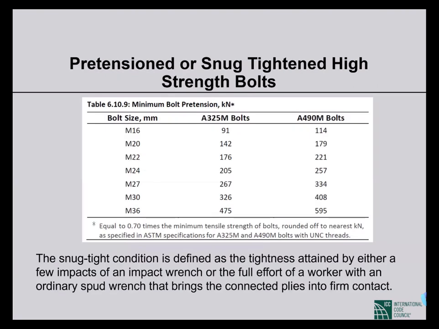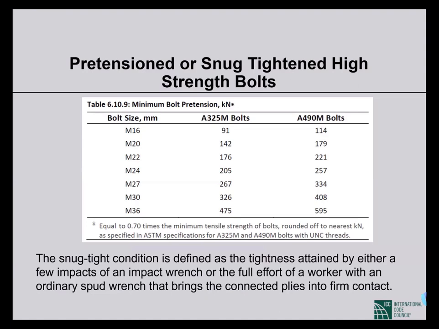Now, pretensioned or snug tightened high strength bolts. We have discussed slip critical joints. For slip critical joints and even for bearing type joints, we have to pretension. We have to give tension in the bolt so that the plates are tightly clamped with one another.